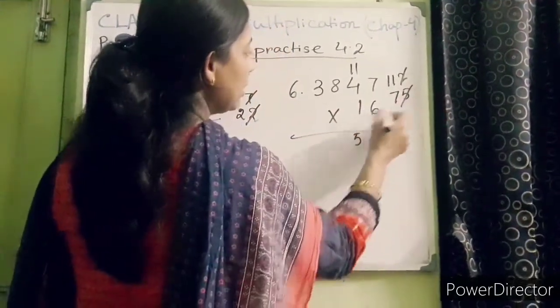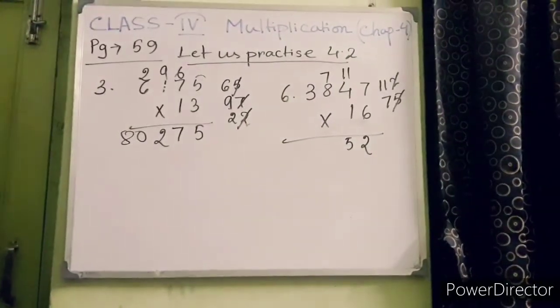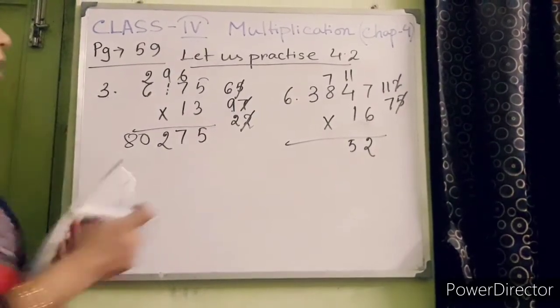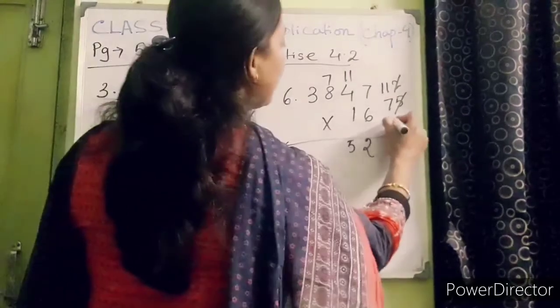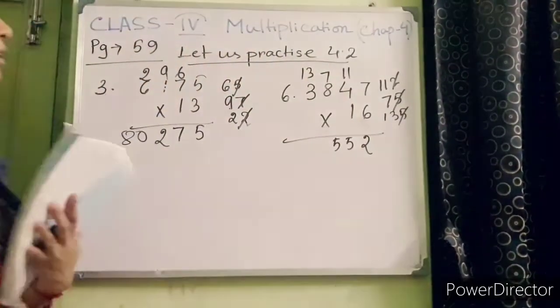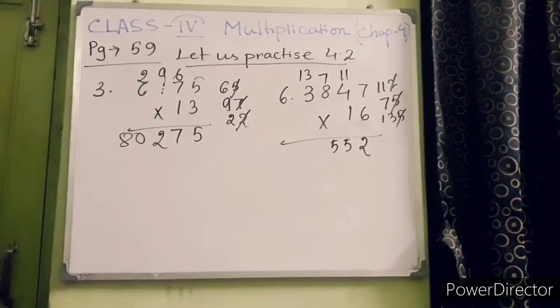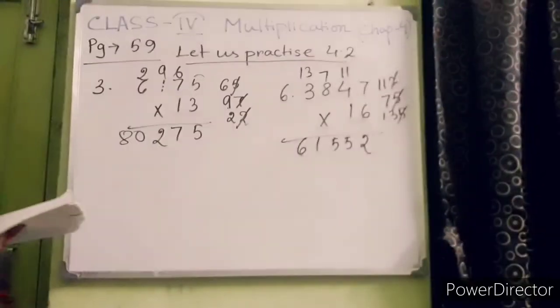Cut 5 and write here, put 7 on 8. 16 into 8, 128. 128 plus 7, 135. Cut 5 and put 13 on 3. 16 times 3, 48. 48 plus 13 is 61. So the answer is 61,552.